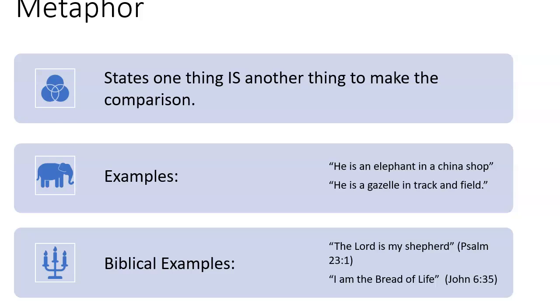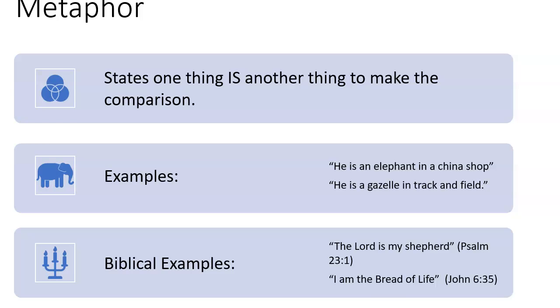The next one is metaphor. This one states that one thing is another thing to make the comparison. So, for example, if a person says he is an elephant in a china shop, it doesn't mean he's literally an elephant. He is a gazelle in track and field doesn't mean he is literally a gazelle. But you figure out the point of comparison, the speed or the being too big to fit in something so small.